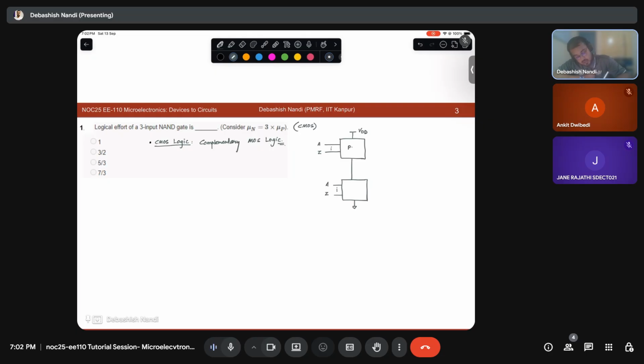We call it PUN, we call it PDN, and from this node we will have our output, and that output will be connected to some load capacitance. This will be your V out in terms of voltages. Can you tell me what is PUN and PDN?